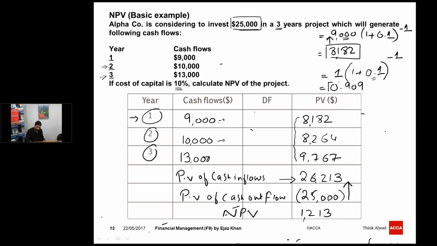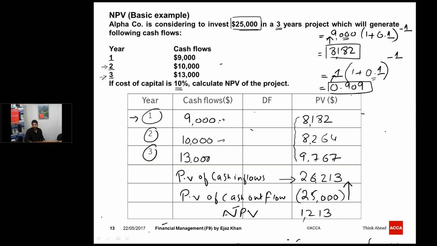This is the present value of $1. If we need 10% return and we receive $1 after 1 year, the maximum today that we should be investing will be $0.909.